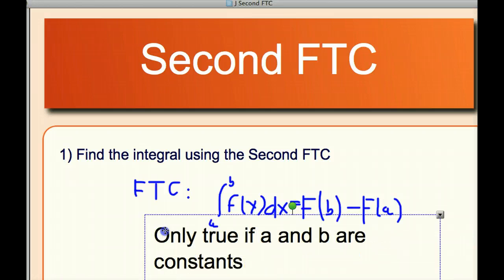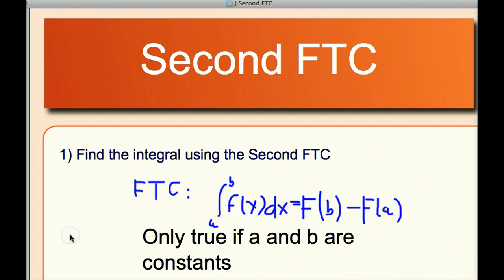Well, what we know is that we don't only work with constants in calculus, we also work with variables. So the second fundamental theorem of calculus takes a look at what happens if one of my limits does have a variable, and then continues on with taking a look at these derivatives of integrals.